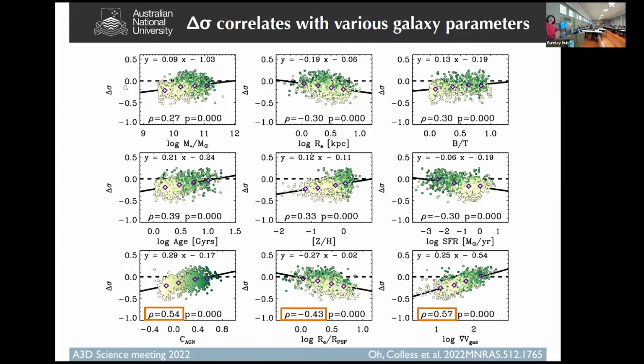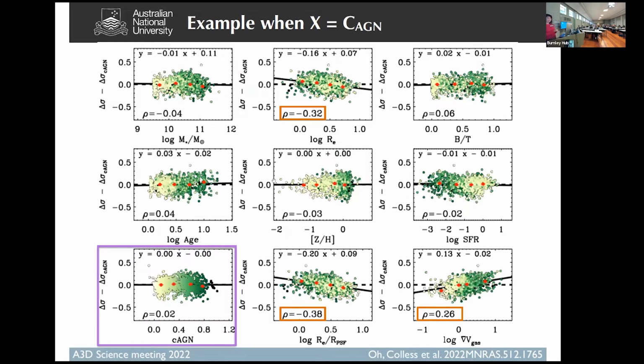All other parameters do not have a direct correlation to delta sigma, but show a secondary correlation based on the correlation between these parameters and the primary parameter. That is my assumption, and to test this, I did this analysis.